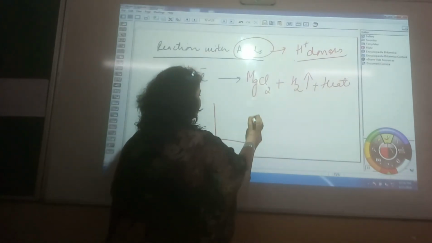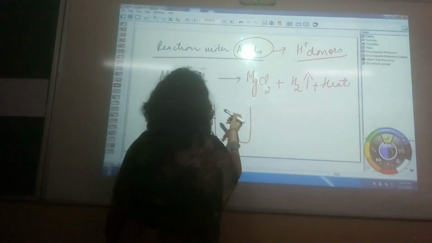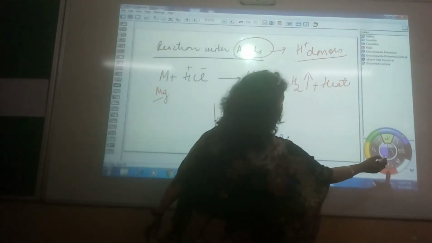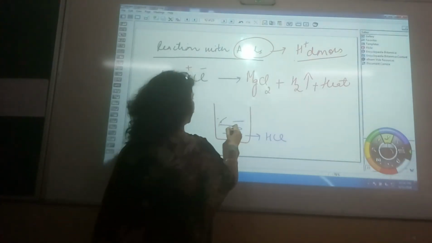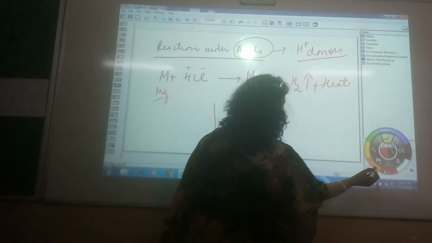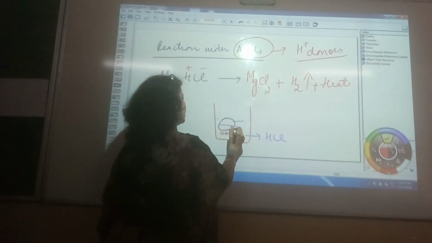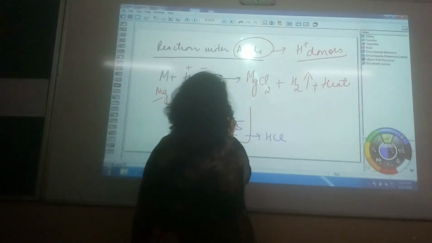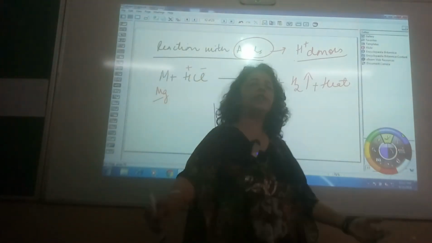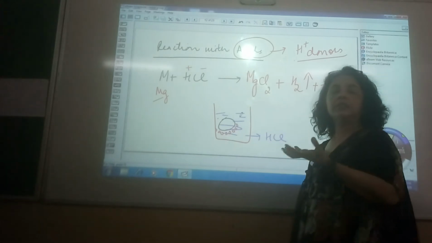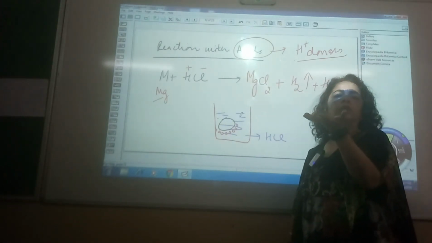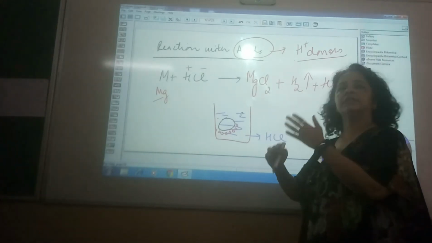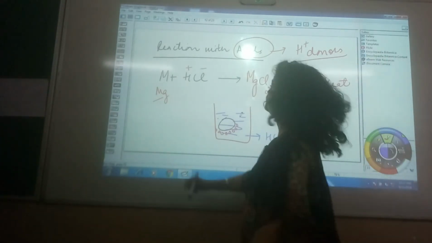So if you have water with HCl and you add a piece of calcium or magnesium, it is found that these hydrogen gas bubbles stick to it and it then starts to float on the surface. This we've done in class 10. Some metals do float on the surface of water owing to this hydrogen gas evolution, and the heat is not that much that it will lead to an explosion.